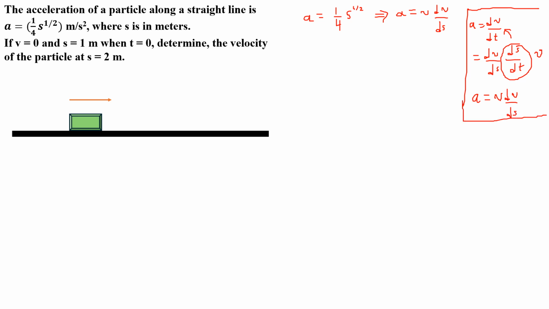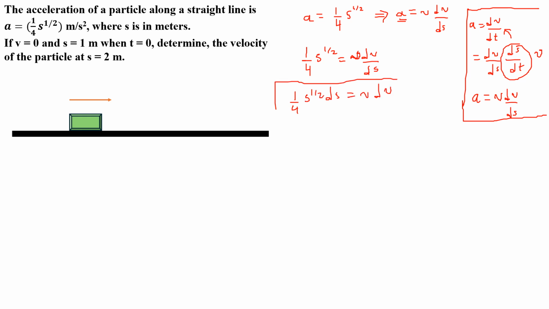Now let me replace a here by the given function. So I have 1 over 4 s to the power half equals v dv over ds. Let me now separate the variables. So I'll have 1 over 4 s to the power half ds equals v dv.